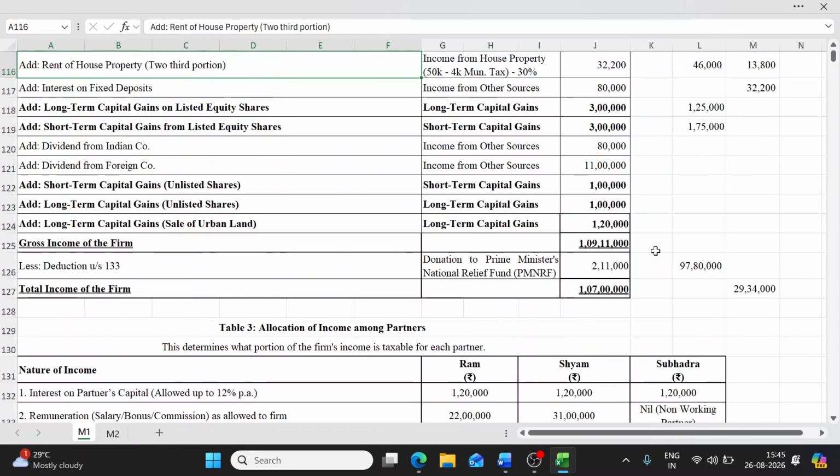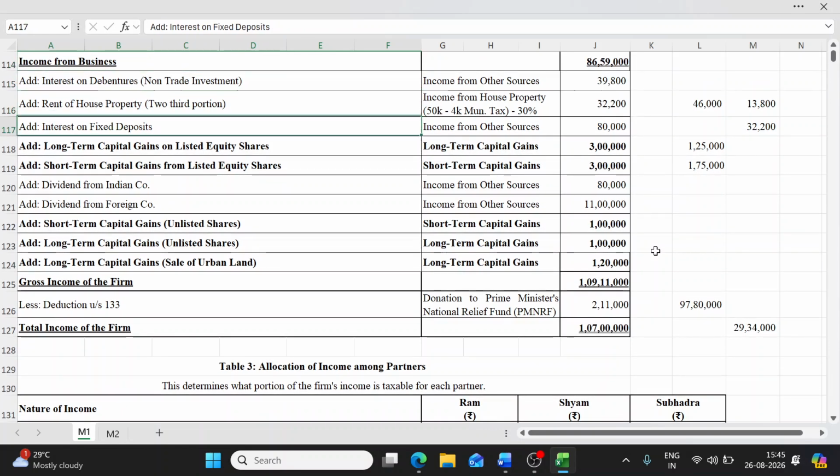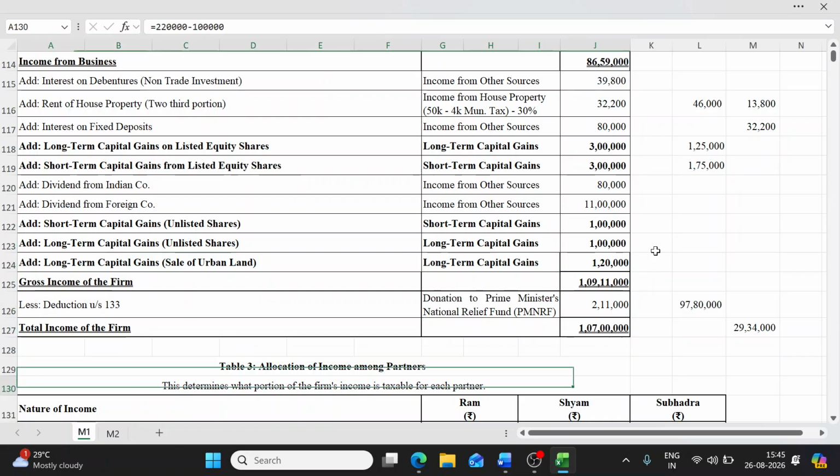In table one, all these are special rate incomes, right? 3 plus 3 is 6 lakhs, 6 plus 1 is 7, 7 plus 1 is 8, 8 plus 1 is 9 lakh 20,000. So 9 lakh 20,000 is the addition of special rate incomes.